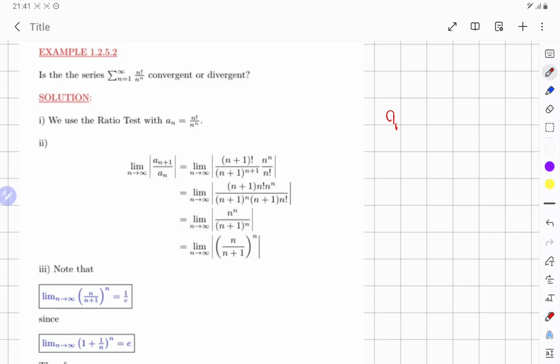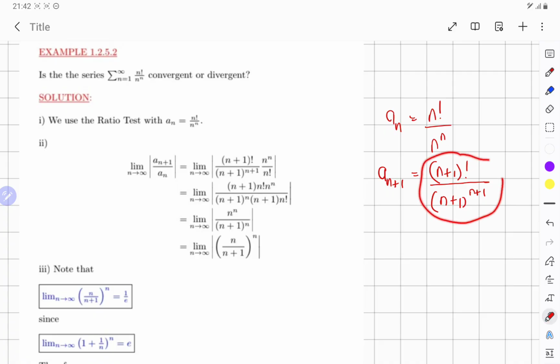Now, since a n is n factorial over n to the n, we know that for a n plus 1, we will replace n with n plus 1. Hence, a n plus 1 will be n plus 1 factorial divided by n plus 1 to the power of n plus 1. So we will get our a n plus 1.